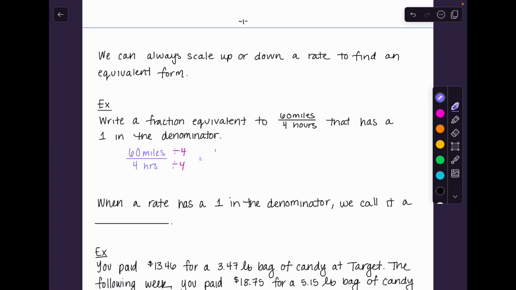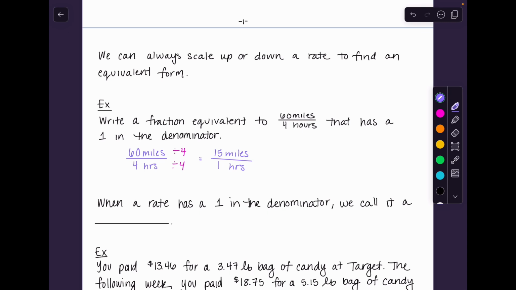So 60 divided by 4 gives us 15 in the top, and then 4 divided by 4 gives us a 1 in the bottom. Okay? So going 60 miles in 4 hours is equivalent to going 15 miles in 1 hour.